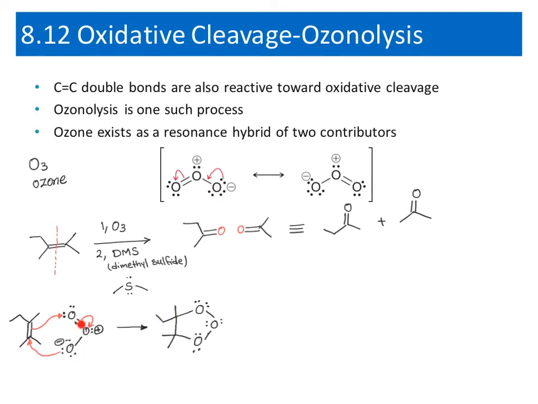Then the pi bond between two oxygens moved over the positively charged oxygen to make it neutral. Now we call this the ozonide complex. Ozonide is pretty unstable and reactive because we have three electronegative oxygens next to one another. So this structure will rearrange to become more stable.